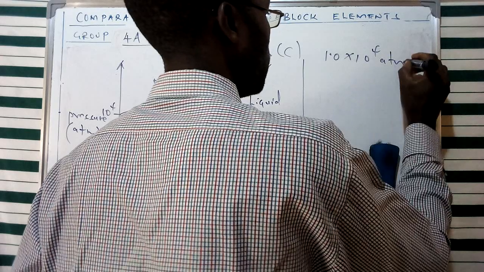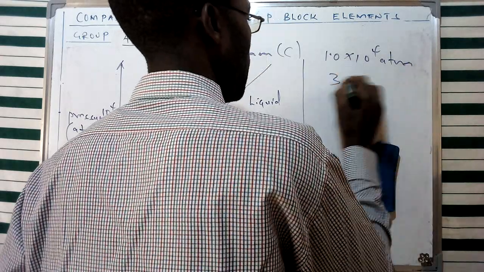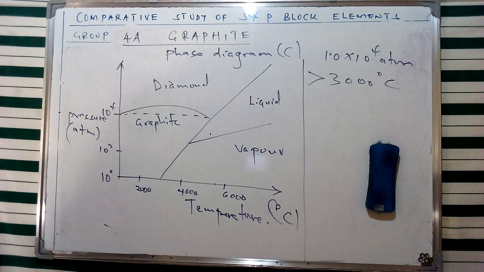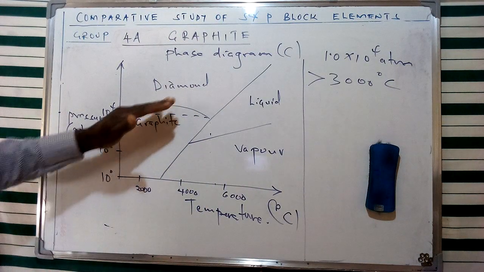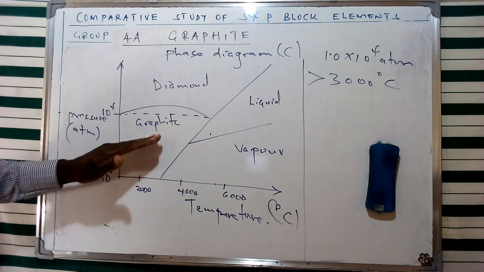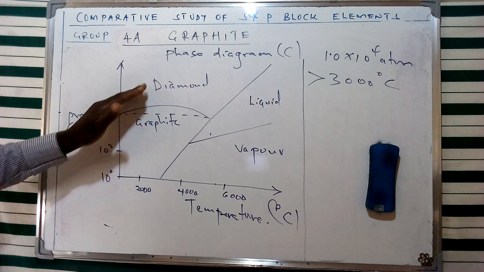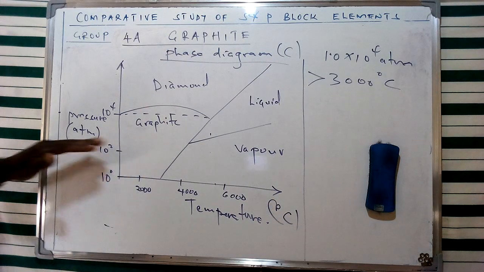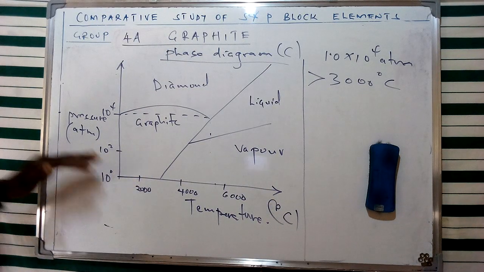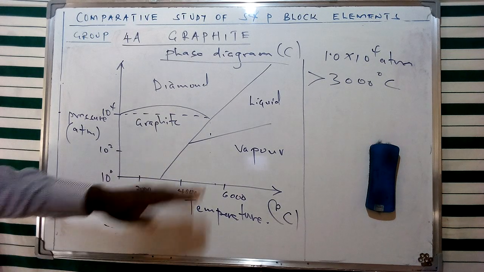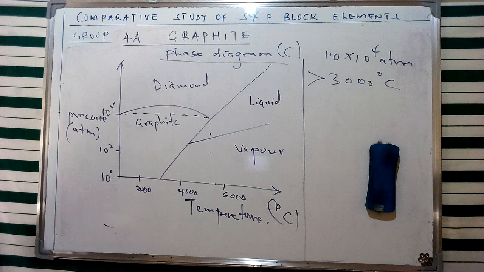So at a pressure of 10 to power 4 atmospheres and a temperature beyond 3000 degrees centigrade, we are going to obtain diamond from graphite. And this is one of the ways in which we can vary different forms or phases of these specific forms of carbon through varying these two variables of pressure and temperature in order to obtain these forms, diamond and graphite, perhaps in vapor, liquid, diamond or graphite form.